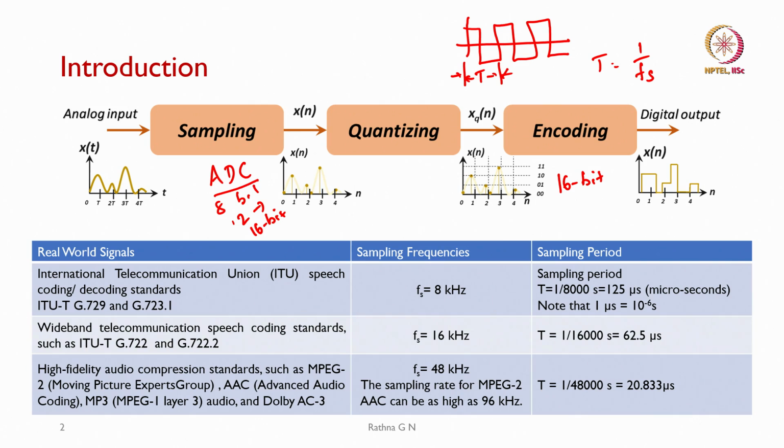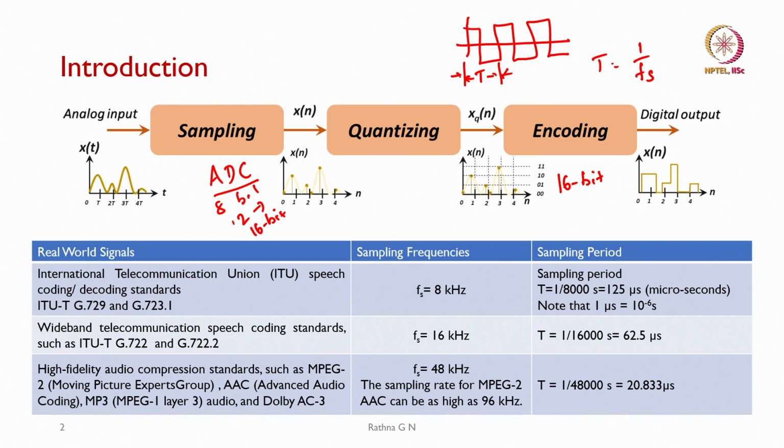The bottom table gives different applications we have in the real world. One is speech coding or decoding, where one can use the ITU standards G.729 or G.723, which require a sampling frequency of 8 kilohertz.